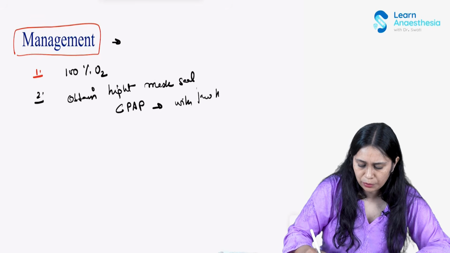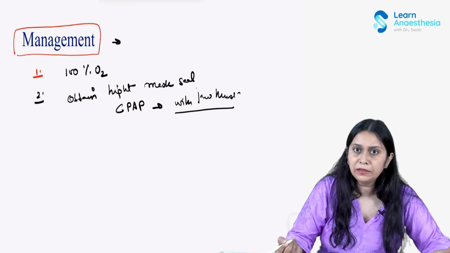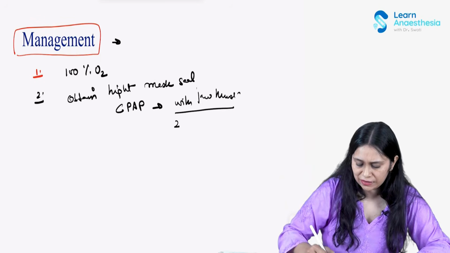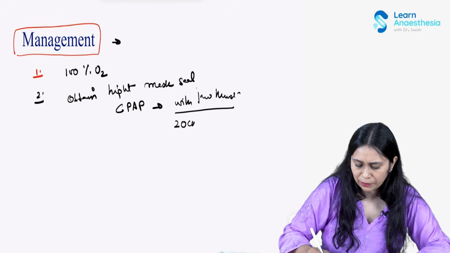How much pressure should we give at this point of time? We should turn the valve of the anesthesia machine to between 20 to 30 centimeter of water.